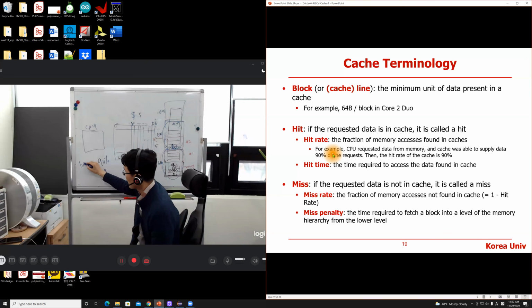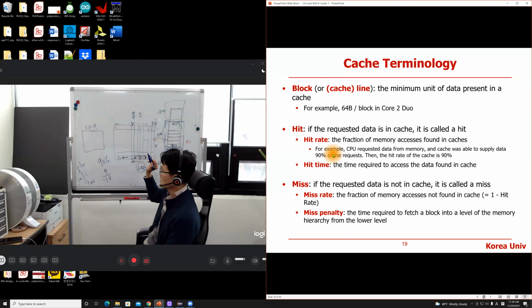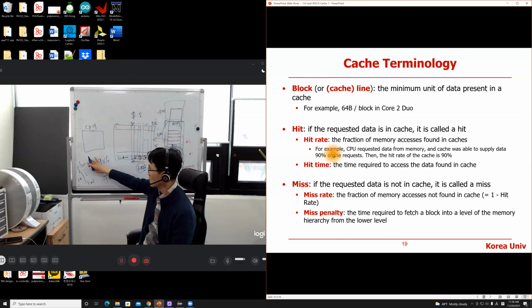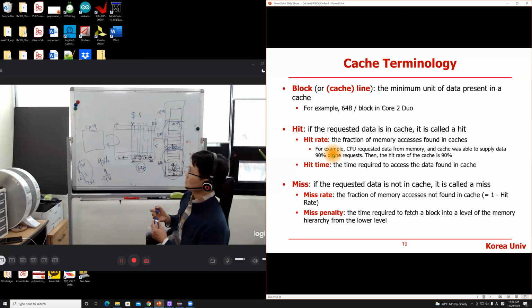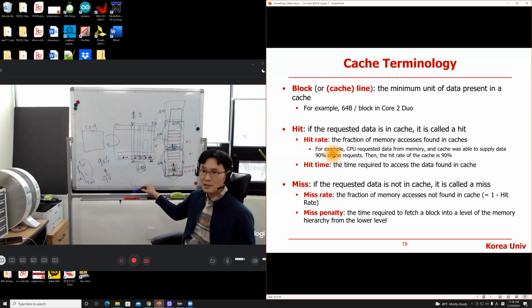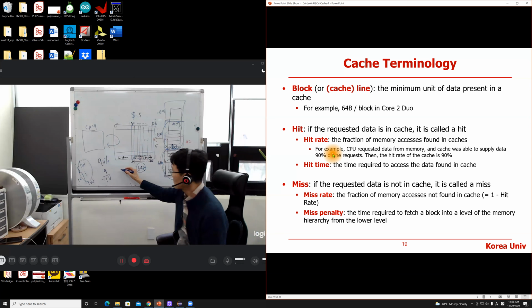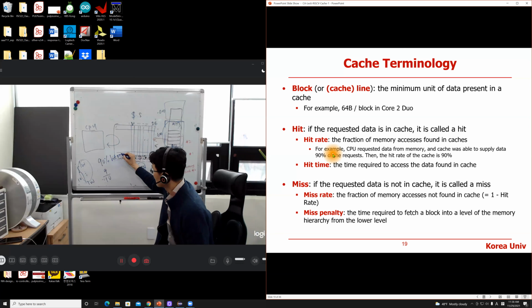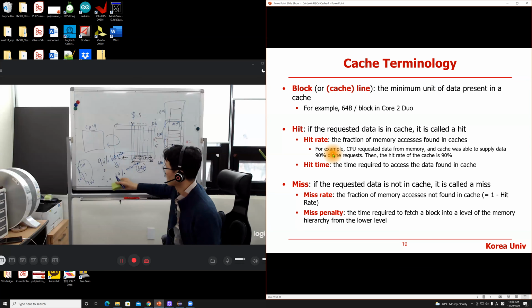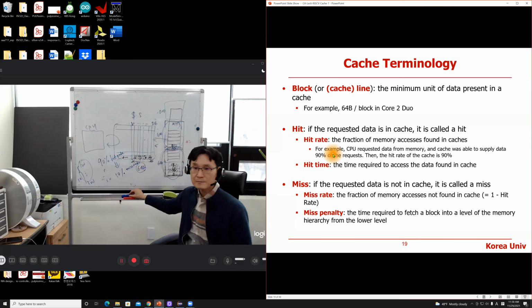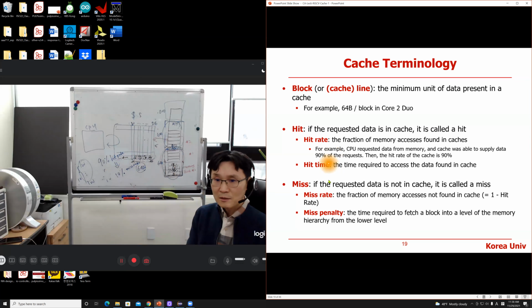So assuming that you have 10 LW instructions executed by the CPU, and 9 instructions are serviced by the cache, then we have a 90% hit rate. A 90% hit rate is equal to a 10% miss rate. Simple, right? 10% miss rate.